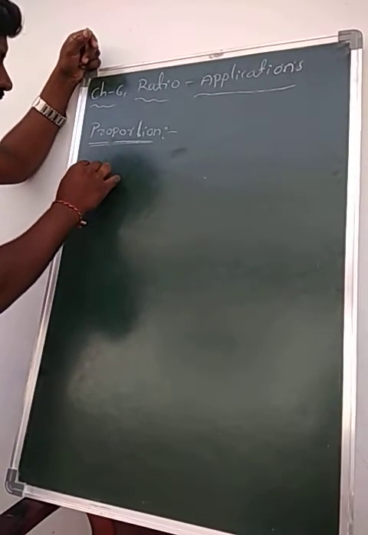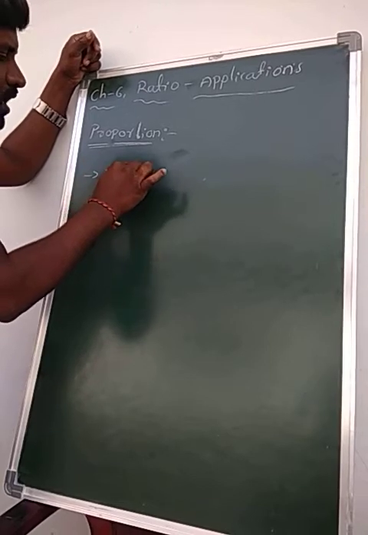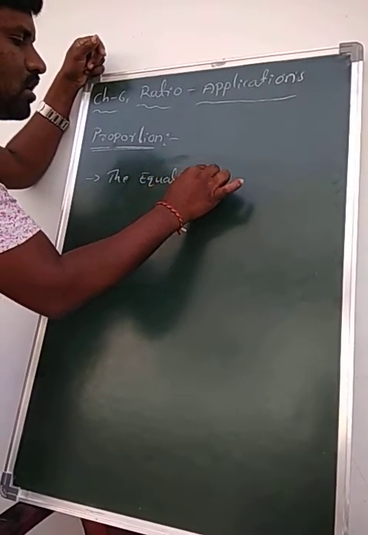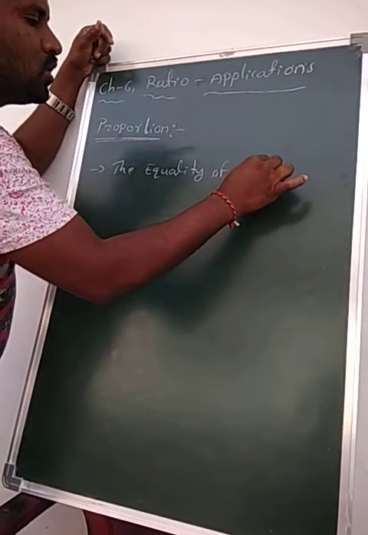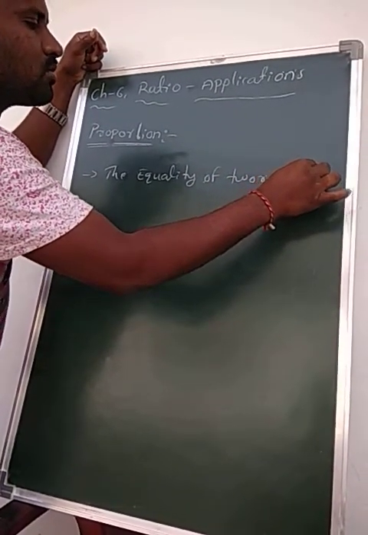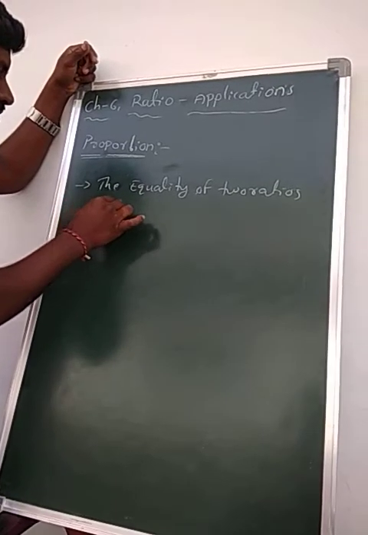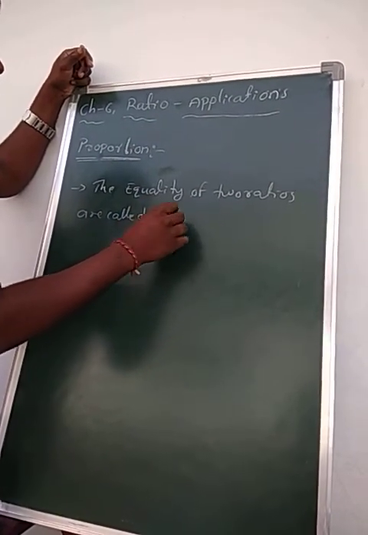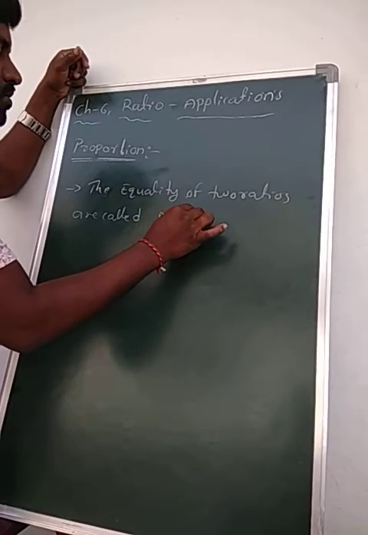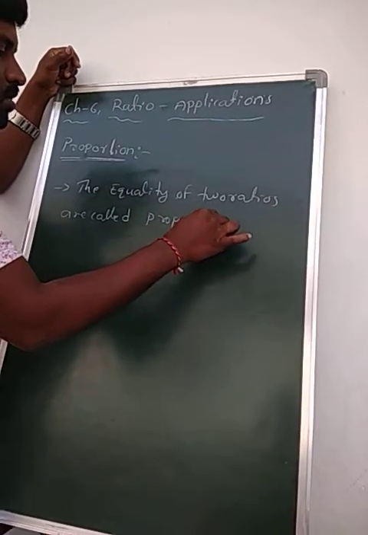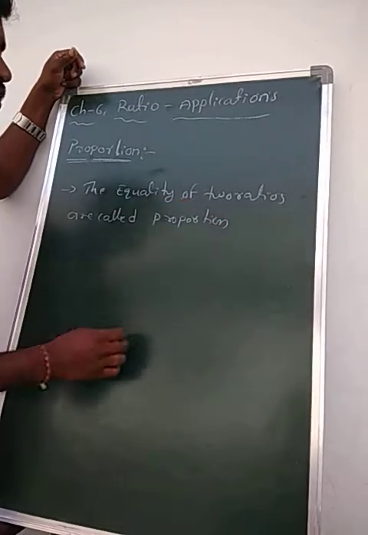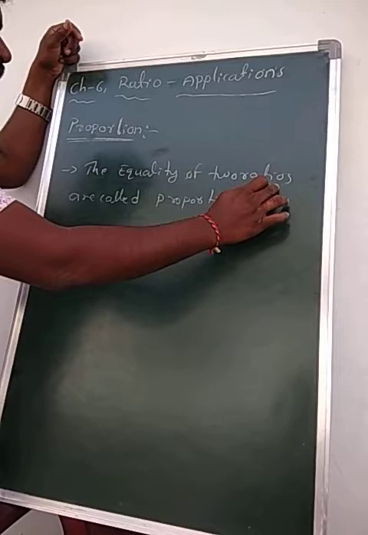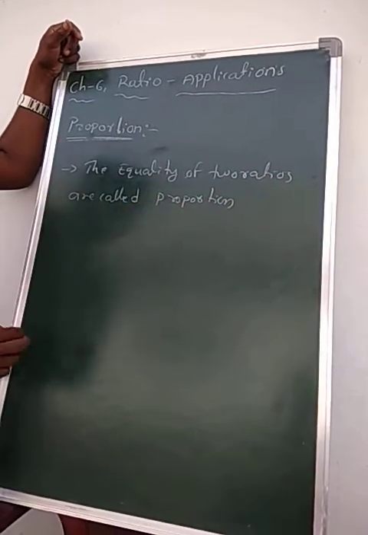Now proportion means the equality of two ratios. The equality of two ratios is called proportion.